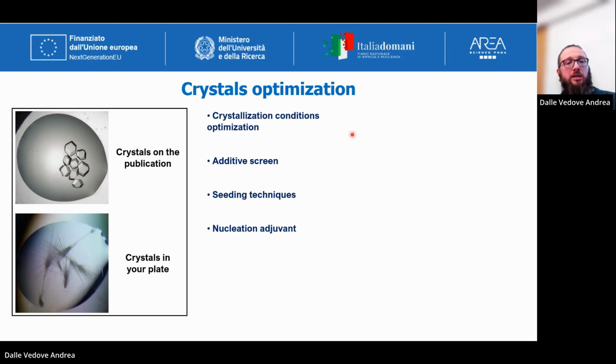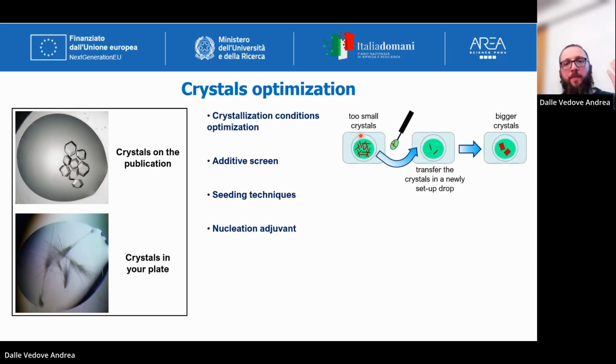We can use what are called seeding techniques. You might have heard of microseeding, macroseeding, streak seeding. They are all slight variations of the quite schematic and oversimplified scheme I did here. It just means using extremely small crystals, or even smashing the crystals of bad quality, putting them in a new drop that I just set up, and using them as nuclei for crystal growth.